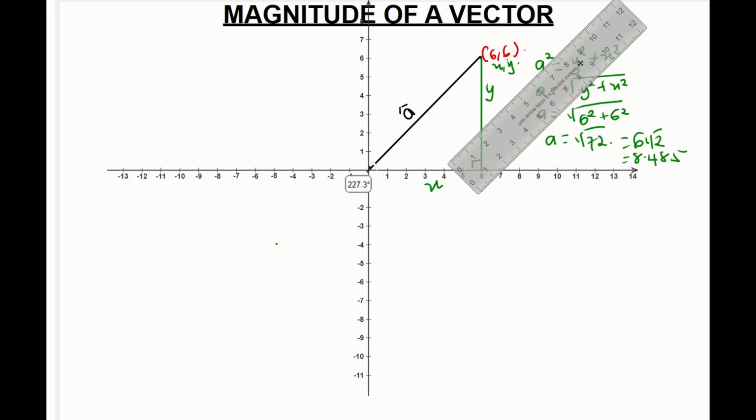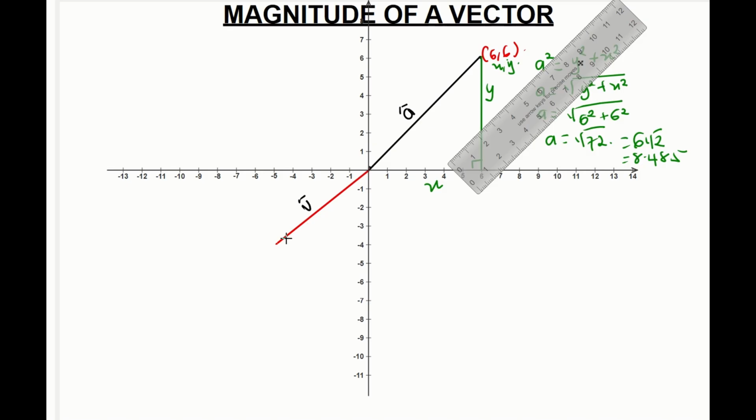This is also from the origin to this given point. Now let's name this vector. Let's say this is our vector v.